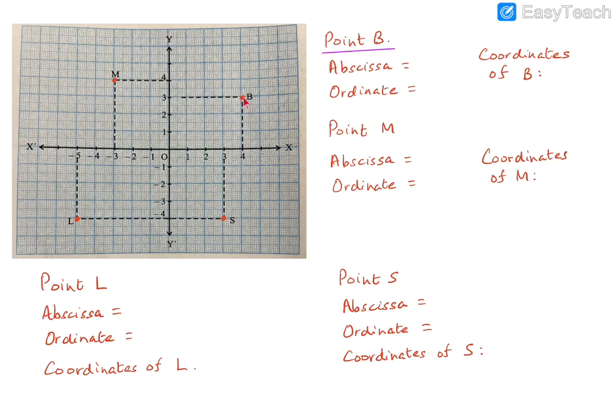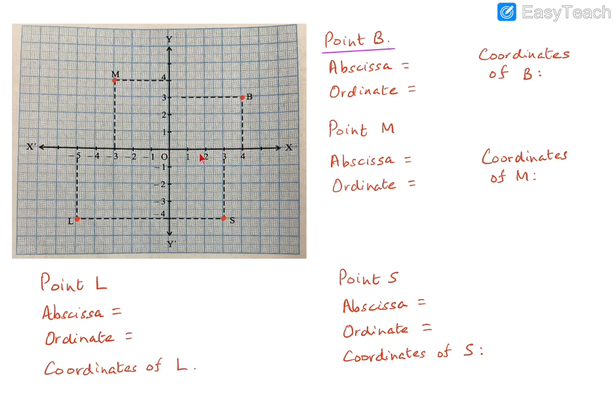Okay, so the x coordinate for the point B is basically the point where the vertical line or the perpendicular line from the point B to the x-axis intersects. So if we draw a line from the point B perpendicular to the x-axis, where does it meet the x-axis? It meets at the number 4. So each unit distance represents the number 1. So 1 unit distance is number 1, 2 unit distances is 2, 3 unit distances from the origin is the number 3.